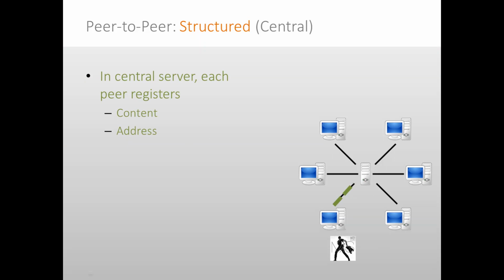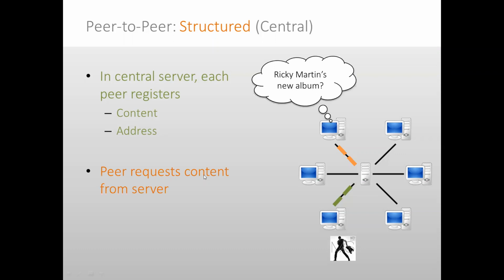In this case, the peer registers its address and says that it has a copy of Ricky Martin's new album. Then when another peer requests content, they can request it from the server, and then connect directly to the peer with that data. So the difference with the client-server model is that the central node is not serving the data. It's rather just serving as an index for the network.